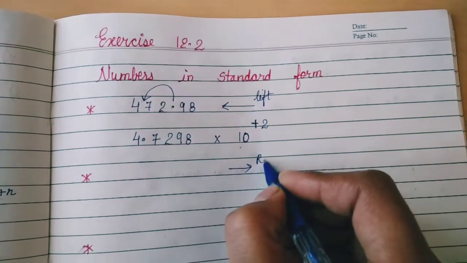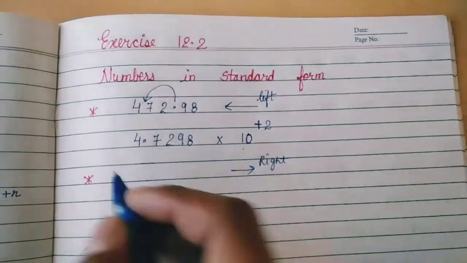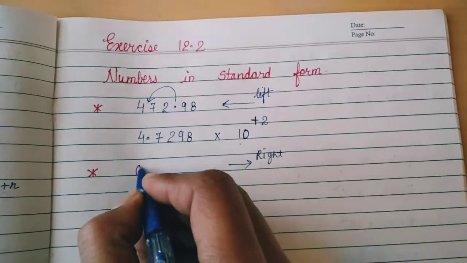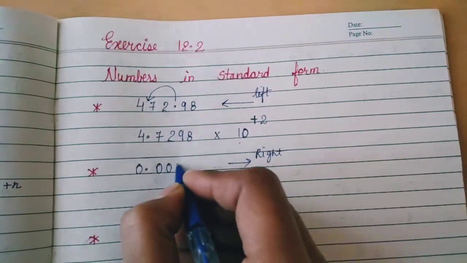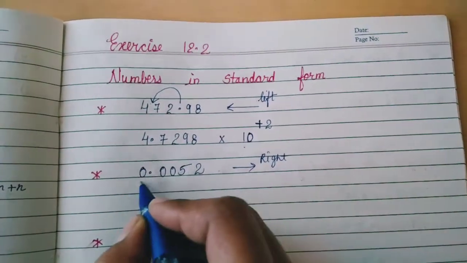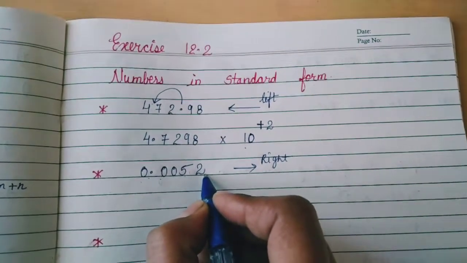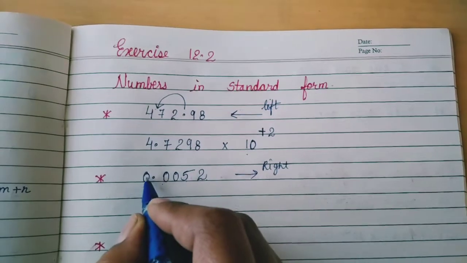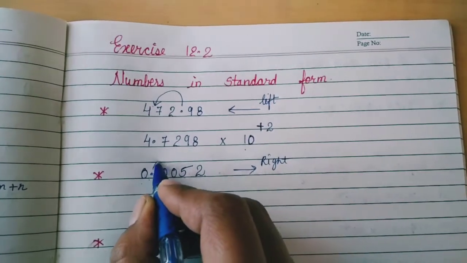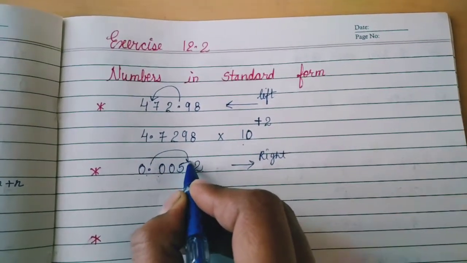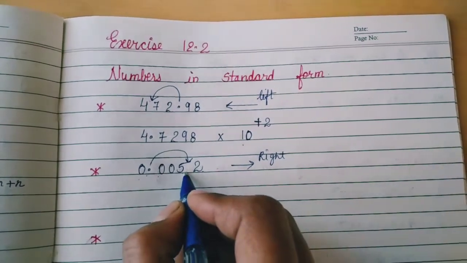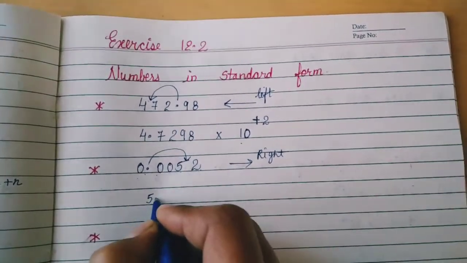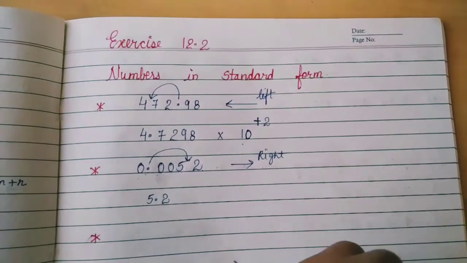When we shift the decimal in the right direction, we will see one example, which is 0.0052. You can simply see in front of the decimal we have 0. That's why we will shift this decimal here, because then we will get one number in front of the decimal.